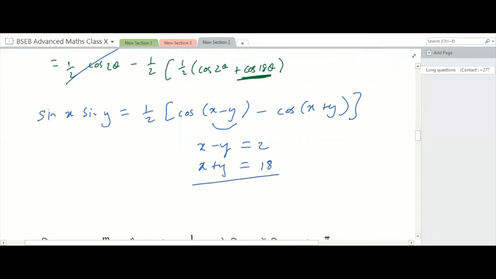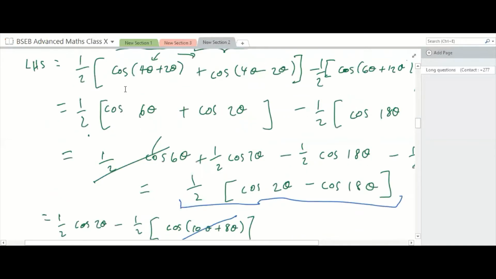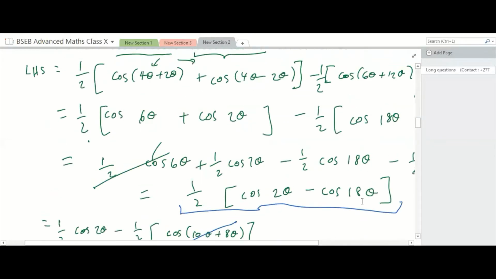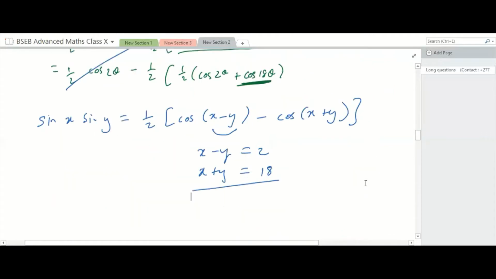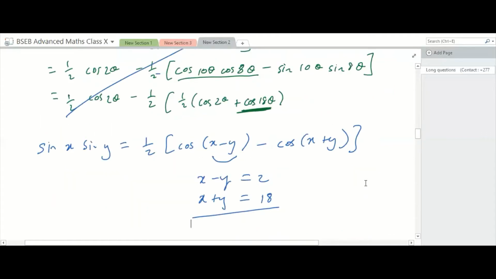How did I get that? Because if you scroll up here, we got half cos 2 theta minus cos 18 theta. So what we have here is cos 2 theta minus cos 18 theta.